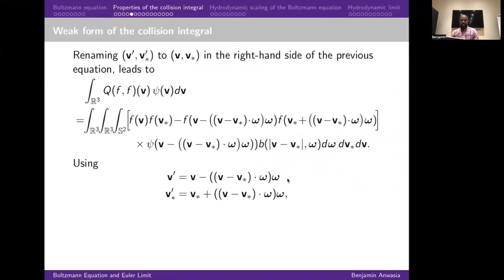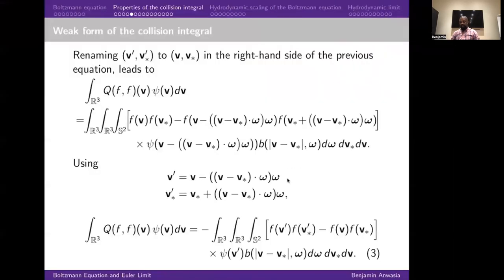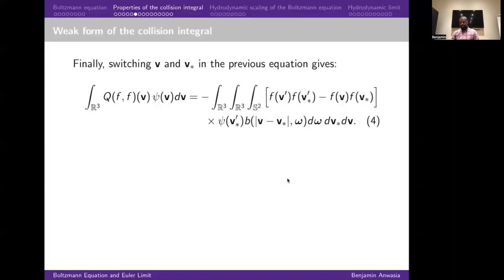Using this definition, we can rewrite this integral as follows. Now, switching V and V star in the integrals on the right-hand side of this equation, we obtain the following equation, where again the fact that the collision kernel is invariant by switching V and V star, and the fact that V prime transforms into V star prime, while V star prime transforms into V prime by switching V and V star have been used to obtain equation 4, in particular the integral on the right-hand side of equation 4.